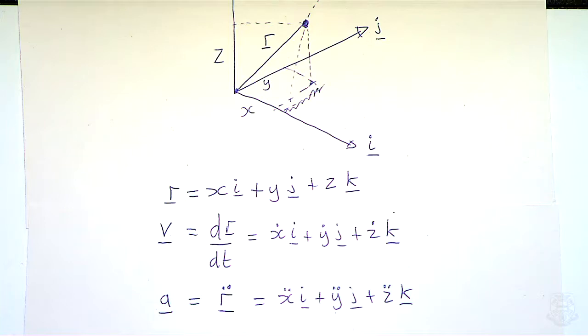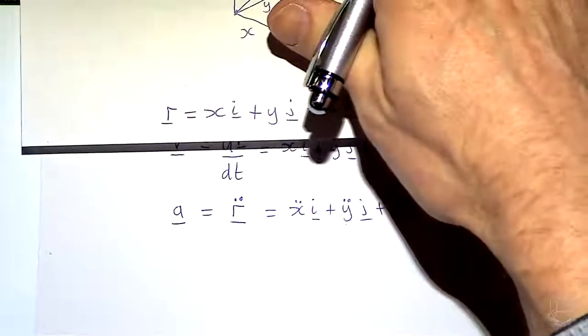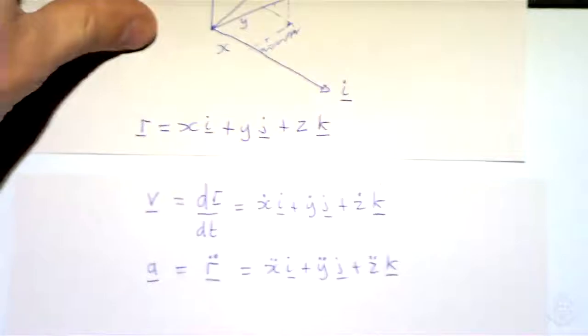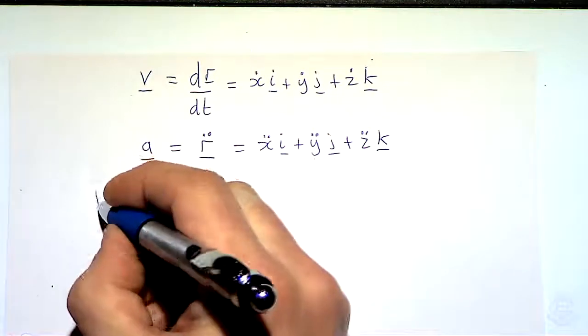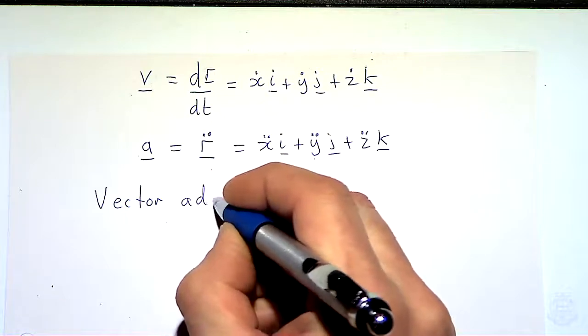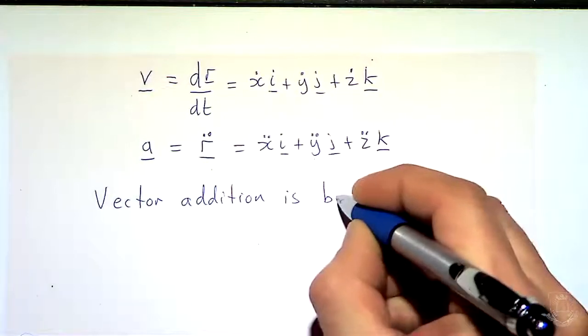So I'm sure you'll all remember how to use vectors, but we're just going to recap on some of the key properties of vectors. So if we're doing vector addition, that's by component, isn't it?